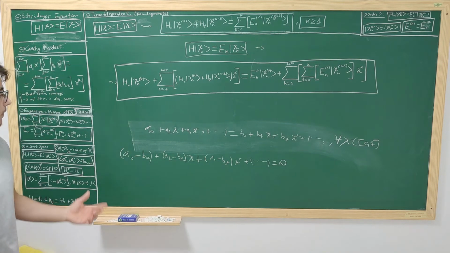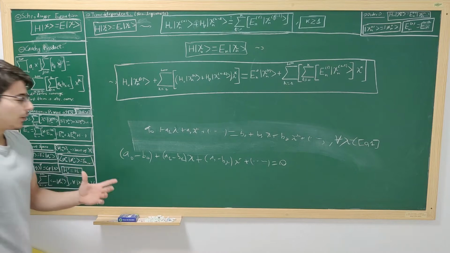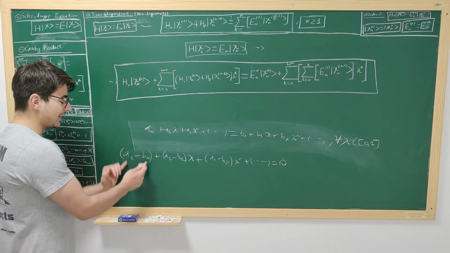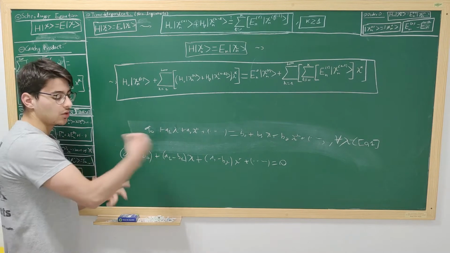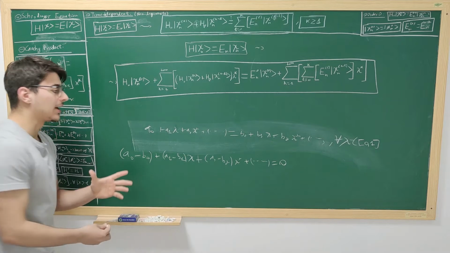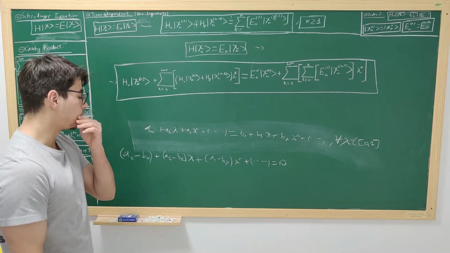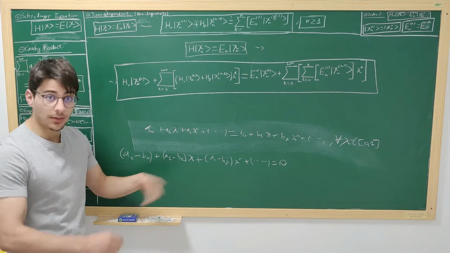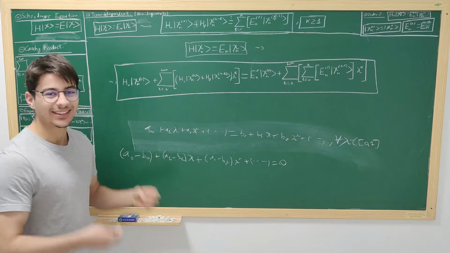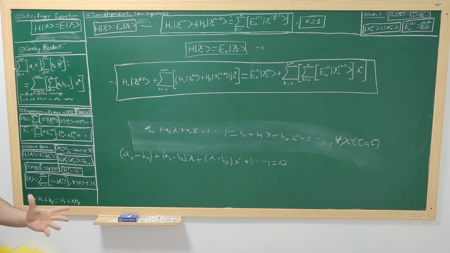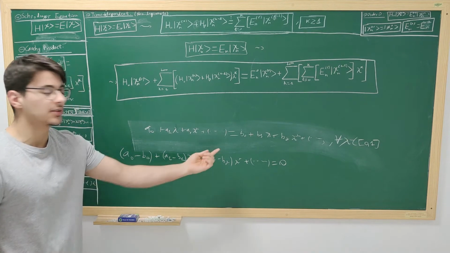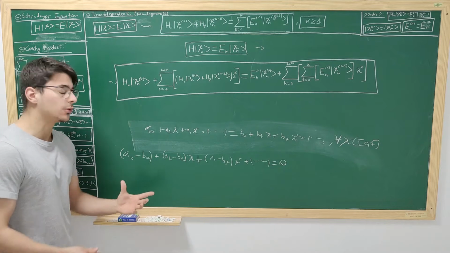So why do we need that exactly this term is 0? Maybe in some ways they could cancel out between each other. The thing is they can't, because if this holds for all values of lambda, the only way that this can happen in general is if the coefficients of lambda are all 0.